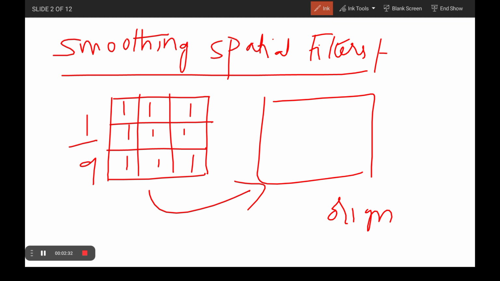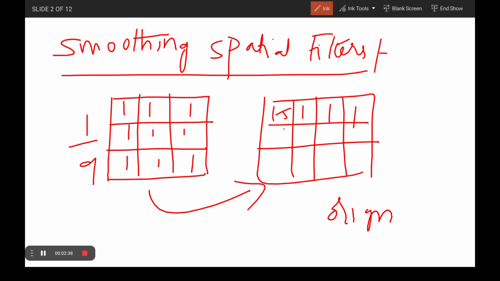If you multiply the kernel with these values, you will get some value, and that value is divided. Let us consider it from an analysis point of view. Suppose you place the kernel in this place, what is the total value?